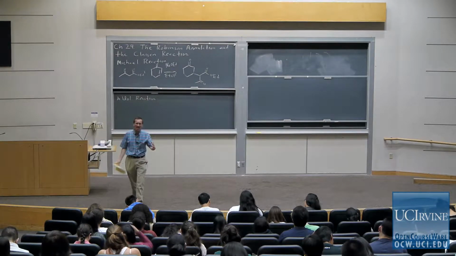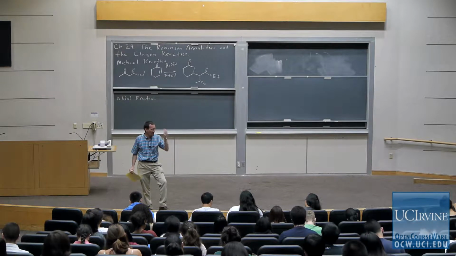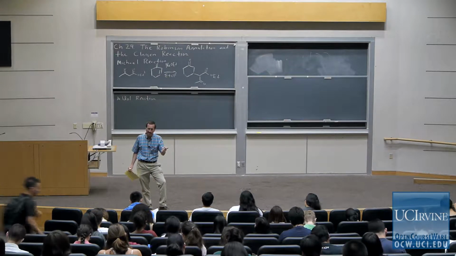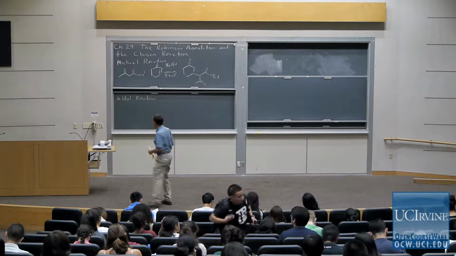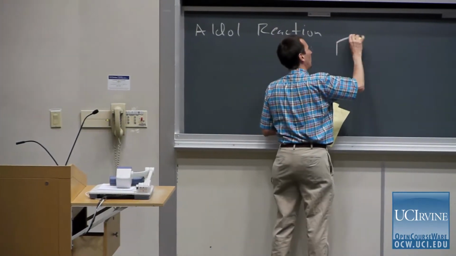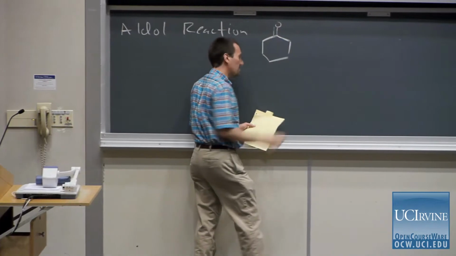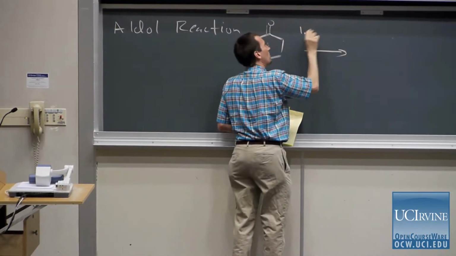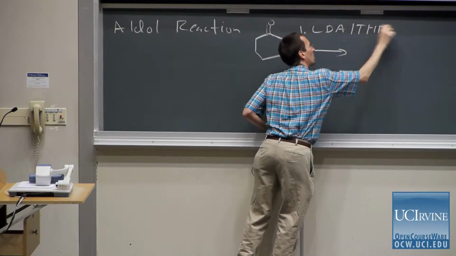I said chemists like to have control, and so in a directed aldol reaction, we specifically make an enolate first and then allow that enolate to react with a ketone or aldehyde. So the example that I gave was cyclohexanone, one of the several examples, and we treat it with LDA and THF.